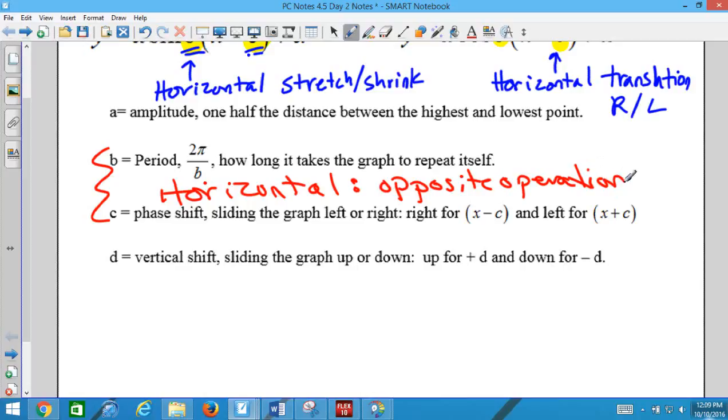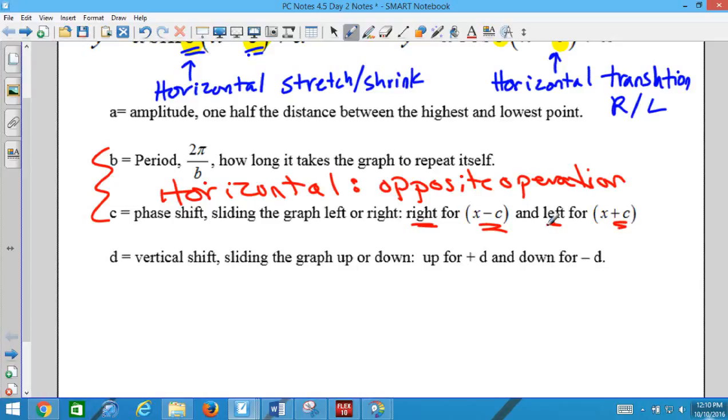So if we're doing a slide, like a translate, if we're going to the right, it would actually say x minus c. So the minus is telling us to go to the right. It's opposite of what you'd think. Or if it was a plus c, that would tell us to go to the left.